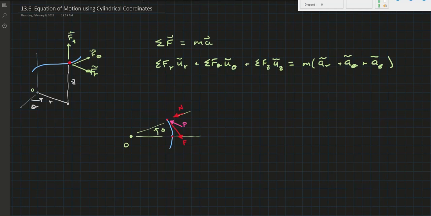So we need to deal with all these inside using the geometry of these cylindrical coordinates.